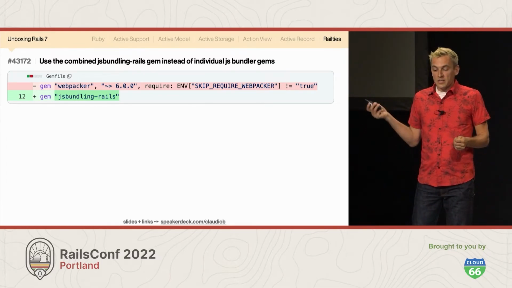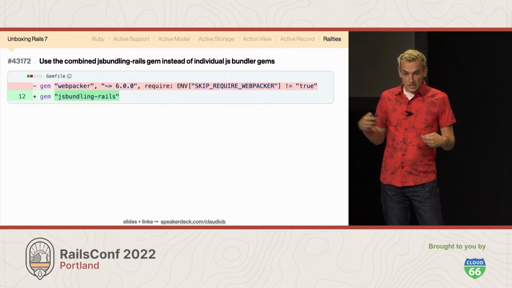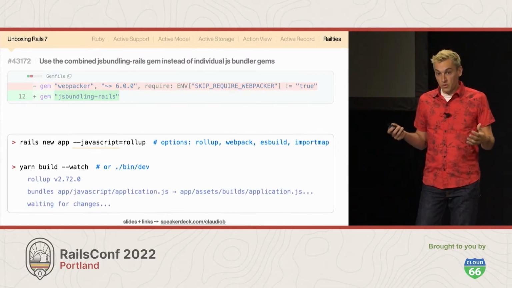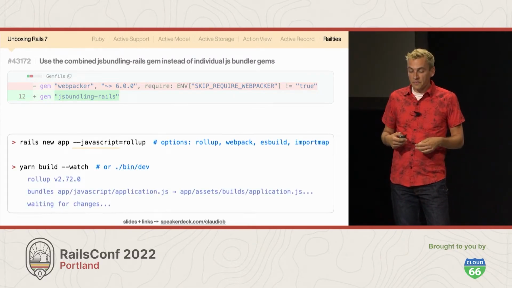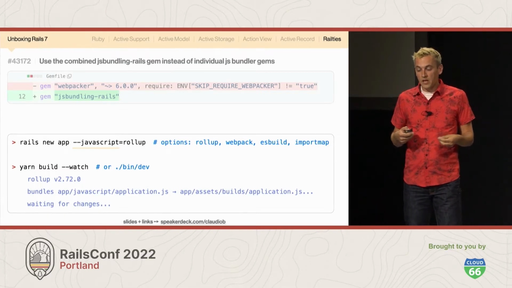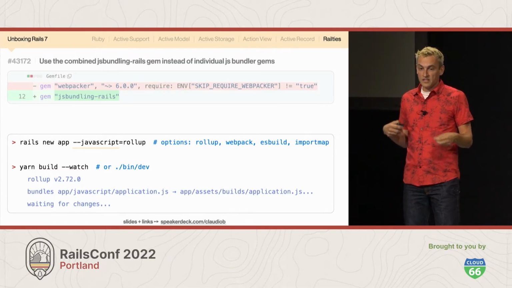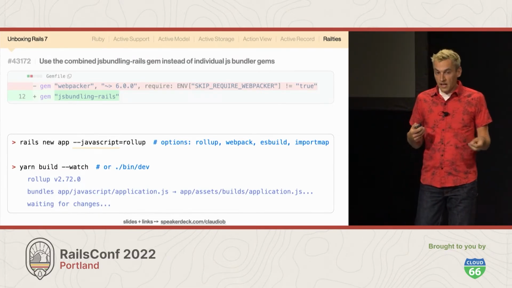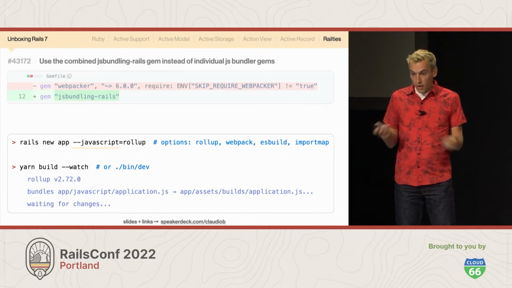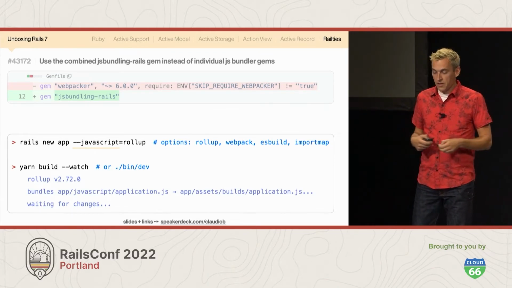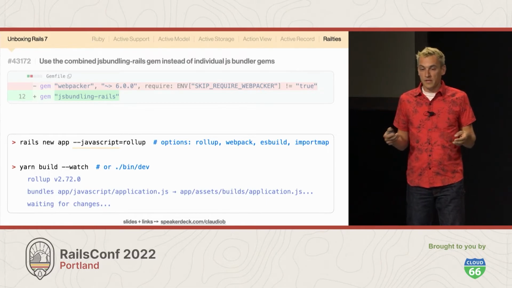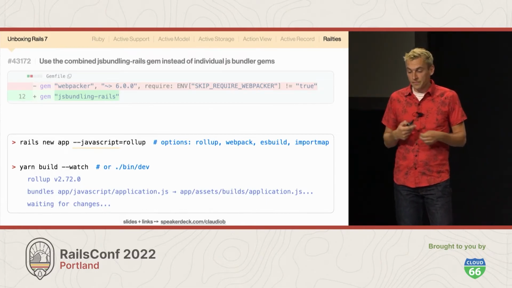What this jsbundling-rails gem is doing is actually giving you the freedom to do that. In Rails 7, now when you create a new app, you can pass this option, --javascript, and you can select what you want. If you still want Webpack, that's one option. But if you want something like Rollup or ESBuild, you can pick those two.